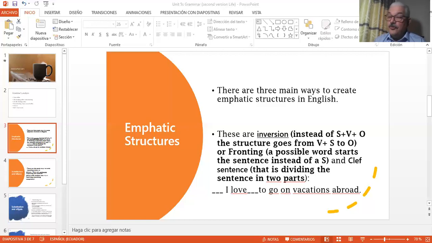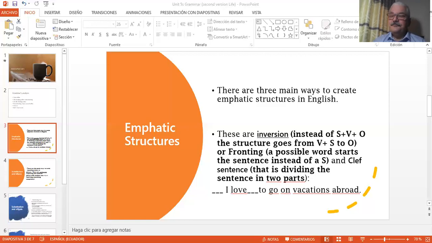So to do this, fill out this form. Or to do this, you have to fill out this form. And if we want to make a cleft sentence, we will use the way, or the way in which, instead of using the subject and then the verb and its complement, okay?